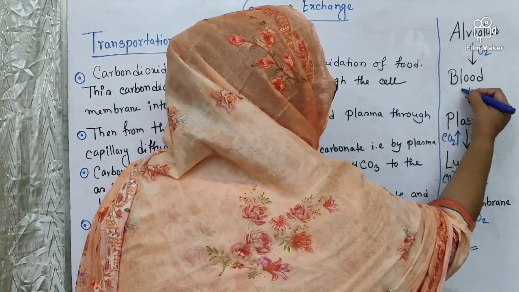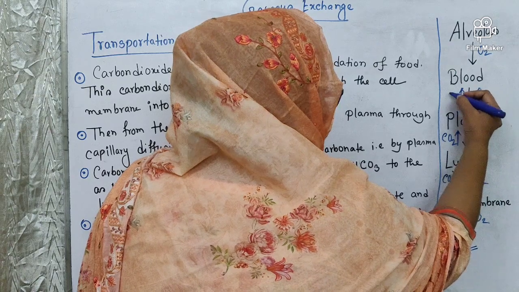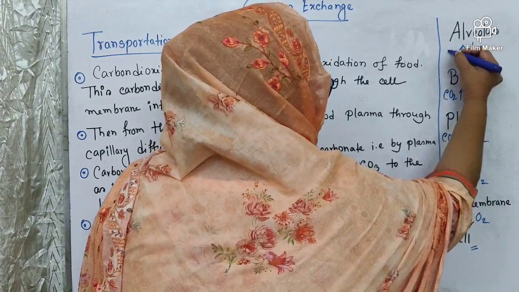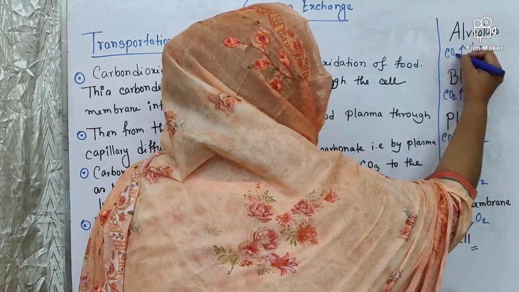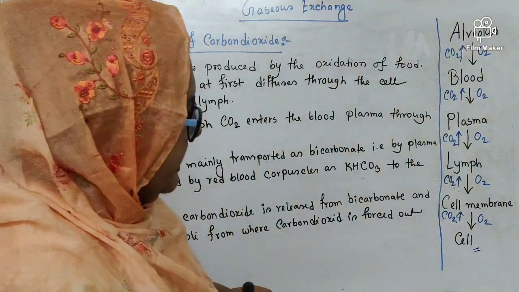From the plasma it will diffuse to blood. From the blood it will reach the alveoli. So the flow of carbon dioxide will be like this.